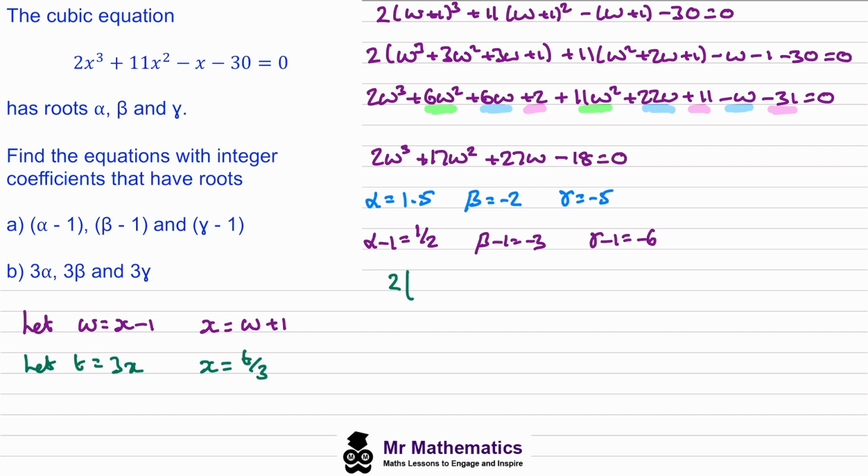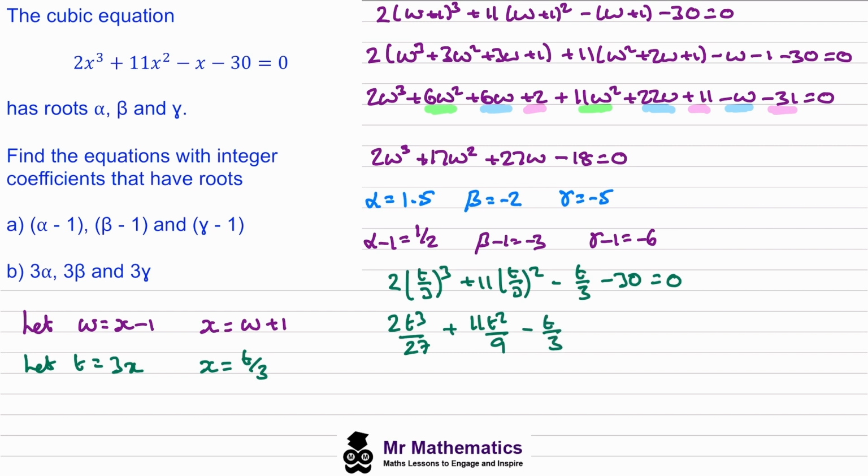So we get 2 lots of t over 3 cubed plus 11 lots of t over 3 squared minus t over 3 minus 30. We can expand that by brackets, so 2t cubed over 27 plus 11t squared over 9 minus t over 3 minus 30.